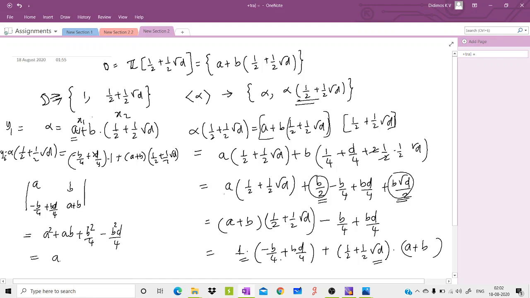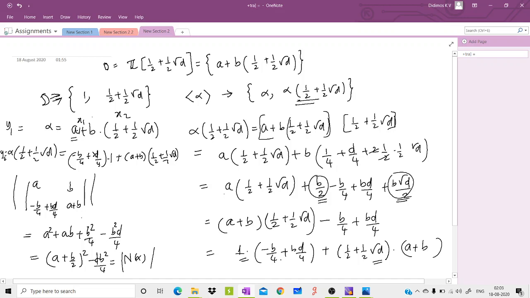In fact this is (a + b/2)² minus b²d/4. This is in fact the norm of alpha. When you consider the modulus of this.